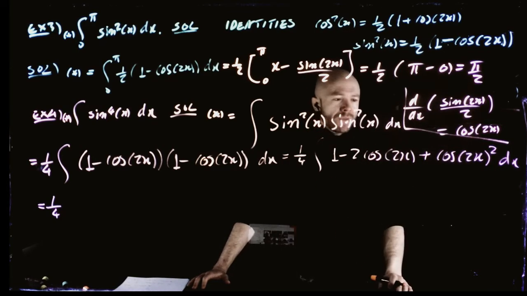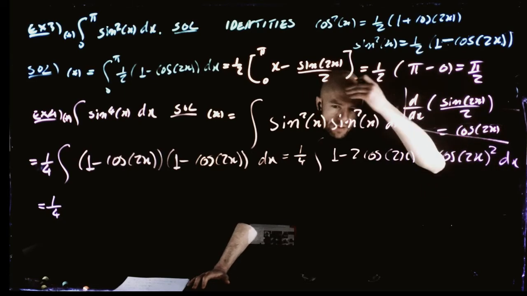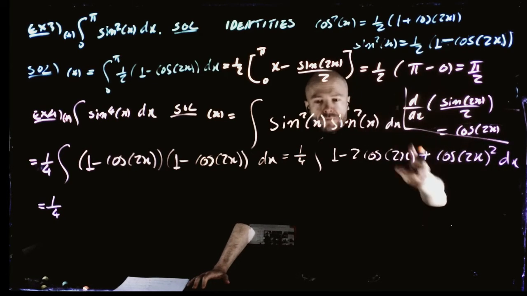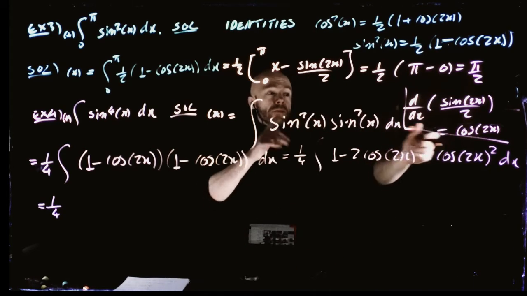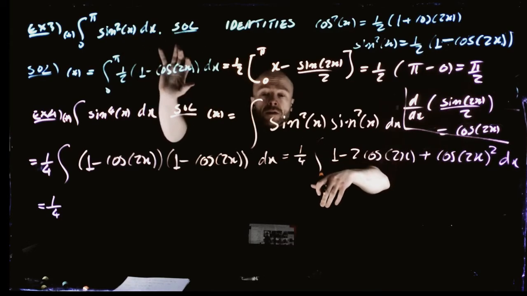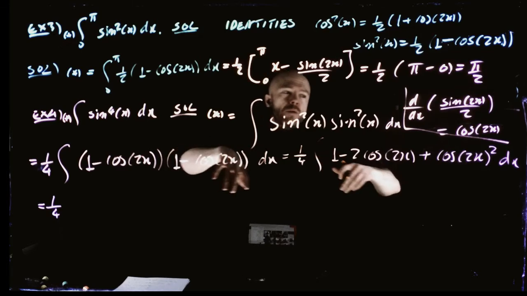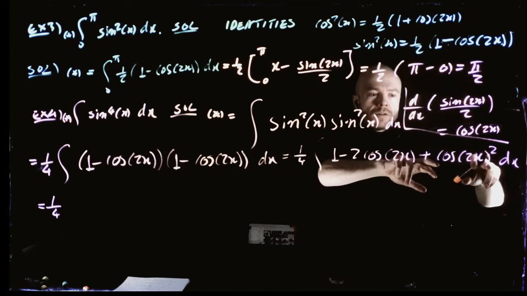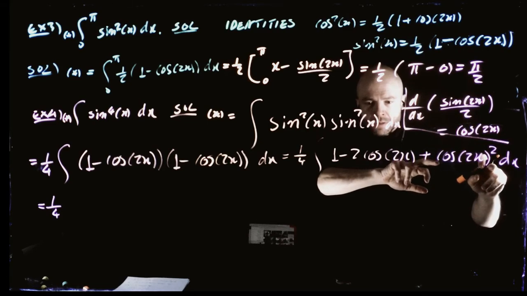However, if we turn this into 1 minus sine squared of 2x, then we'd have to integrate sine squared, which is something we've already done using this half angle formula. But we could also directly use the half angle formula on this term right here, and then we'd be able to turn it into something we can actually integrate.